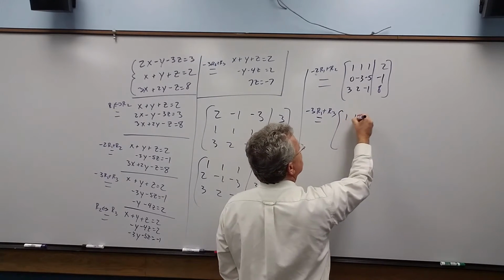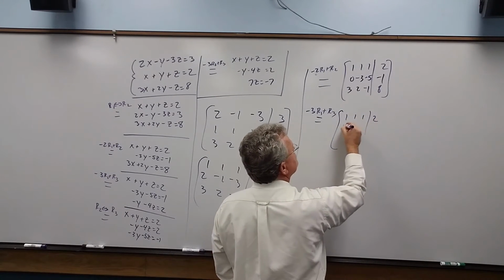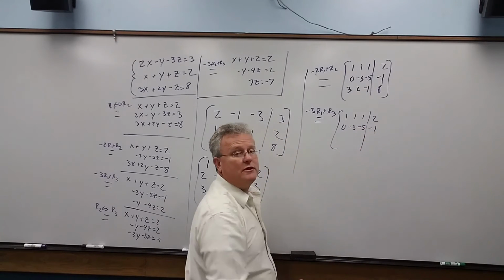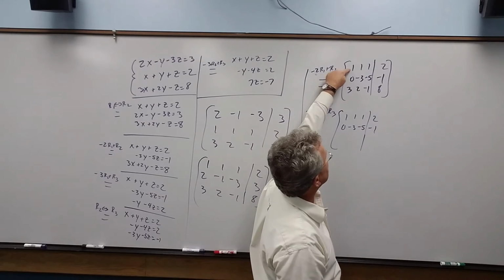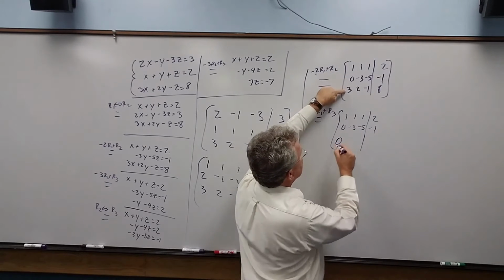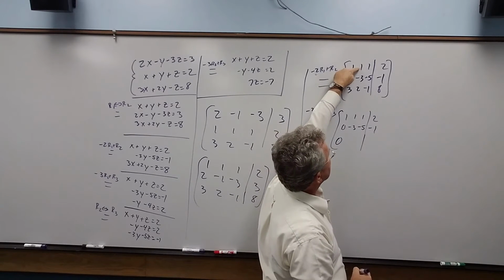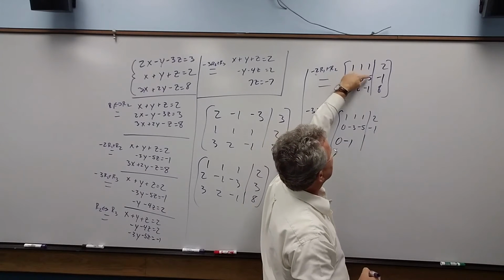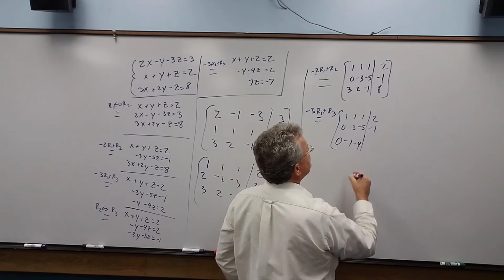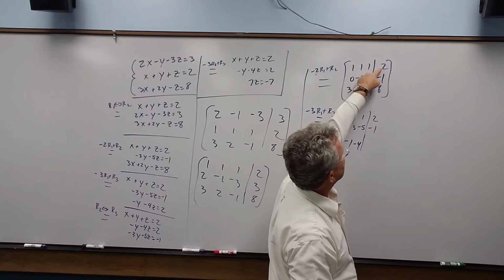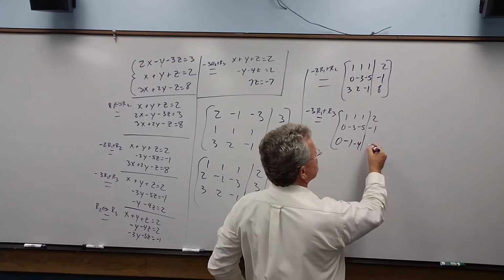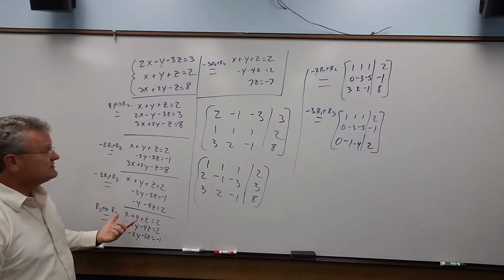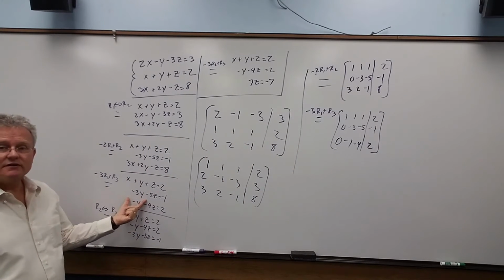Write down rows 1 and 2, and now we do the arithmetic. -3 times 1 is -3 plus 3 is 0. -3 times 1 is -3 plus 2 is -1. Again, -3 plus -1 is -4. -3 times 2 is -6 plus 8 gives us 2. Now that matches this situation right here.